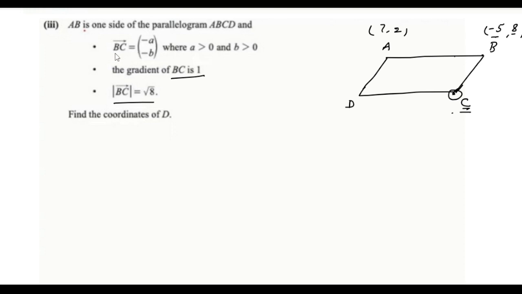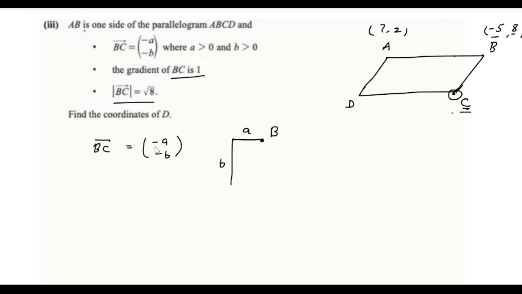Now pay attention to this vector BC. So vector BC is given as minus A minus B, right? It is given in the problem. So that means if I take B over here, then I will first move A unit left, and then I will move B unit down.